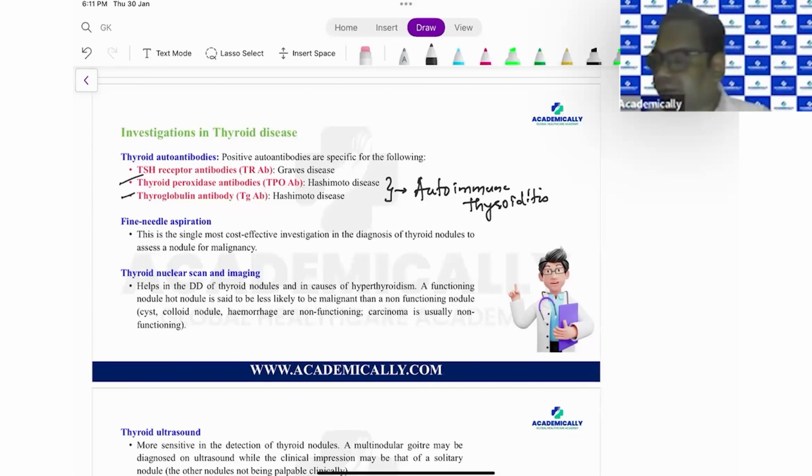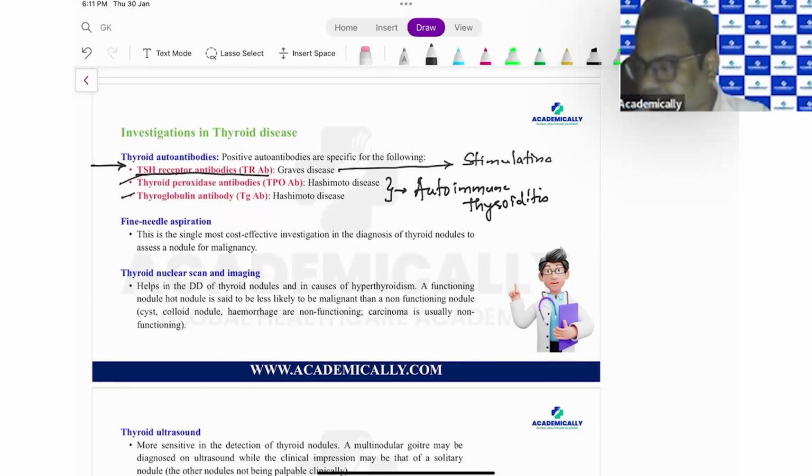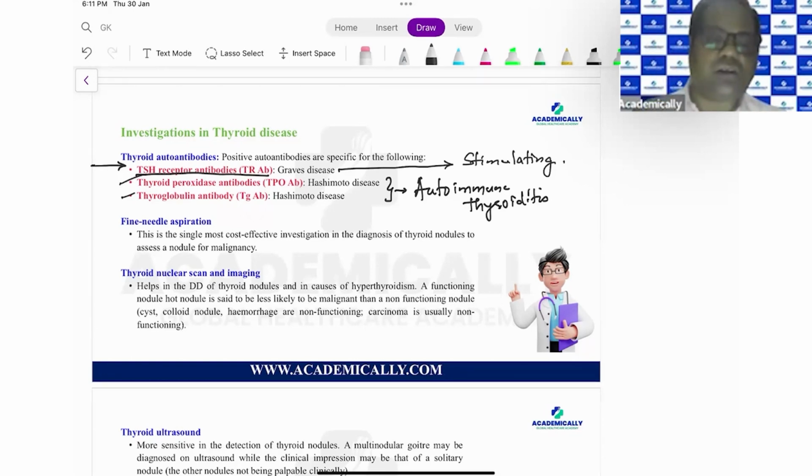Then we have something called Graves' disease, in which there are TSH receptor antibodies. Now remember, these are not the destructive variety. These are the stimulating variety. We saw in the previous slide that when free T3, T4 is in large quantity, TSH is inhibited.